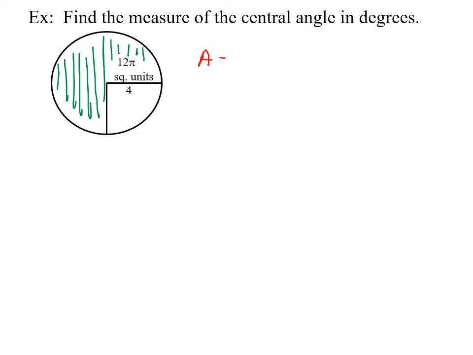But my area is 1/2 r squared theta. Here the area I know is the 12 pi. The radius is the 4. So I'll get that 12 pi equals 4 squared is 16, so half of 16 is 8.